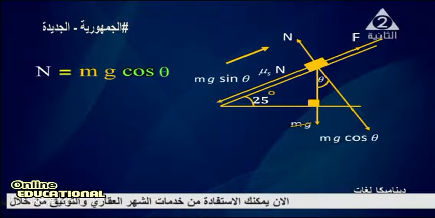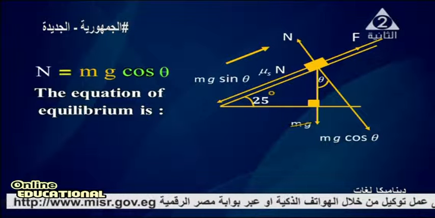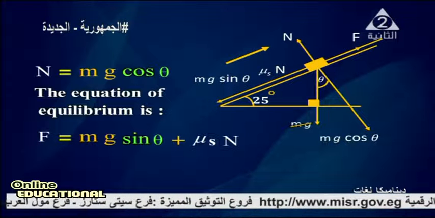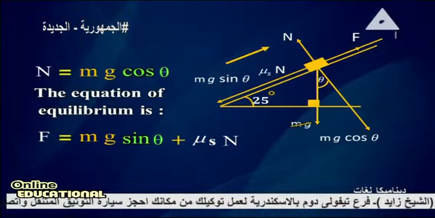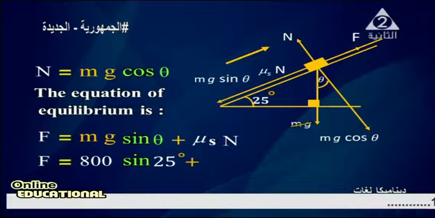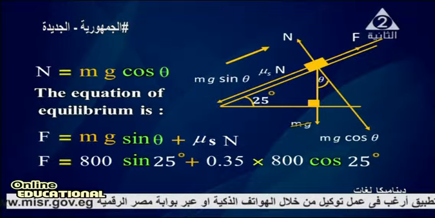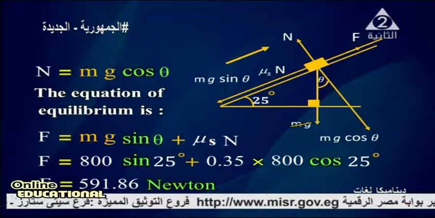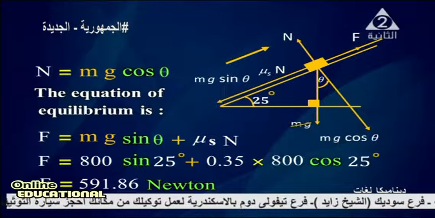We have N equals mg cosine theta, and the equation of equilibrium is F equals mg sine theta plus mu s N. Now, F equals 800 sine 25 degrees plus 0.35 times 800 cosine 25, then the force equals 591.86 Newton. In this case, the force equals 591.86.